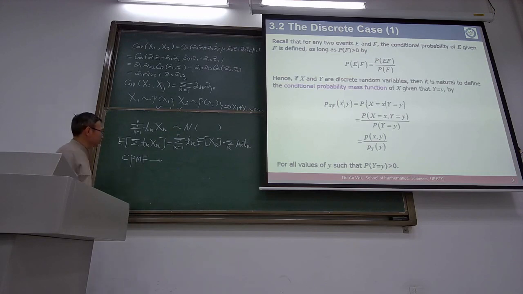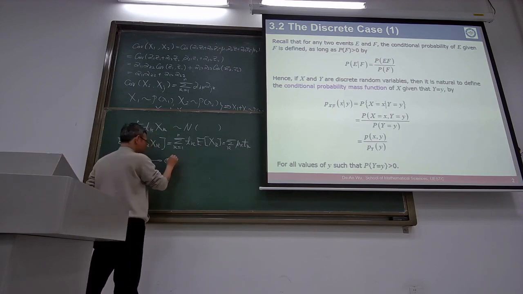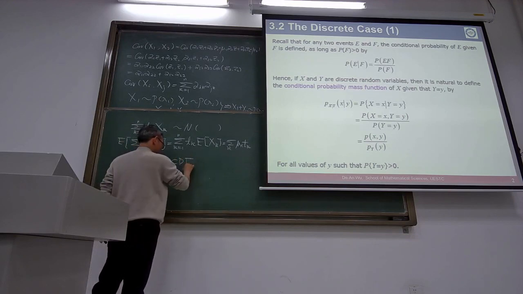We can find the conditional cumulative distribution function.